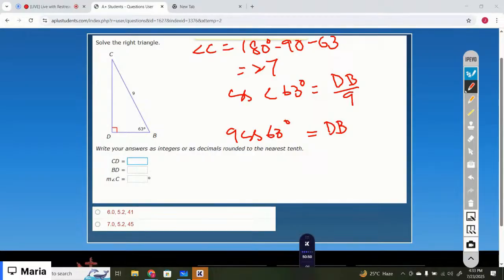So cos 63 equals 0.45. So 0.45 times 9 is equal to 4.0. So dB is 4.0. Now we can use Pythagorean theorem to find the other side length, but we are not given any answer here. The first thing angle must be 27.